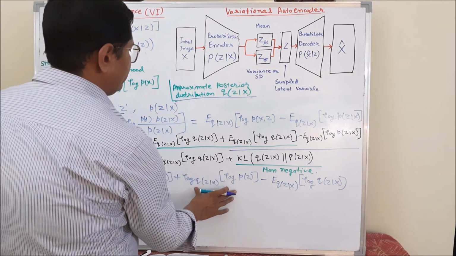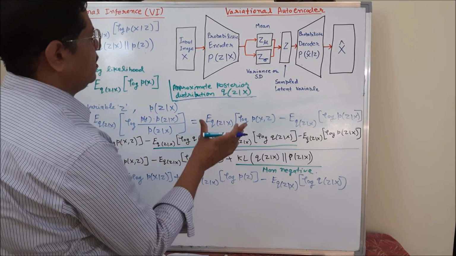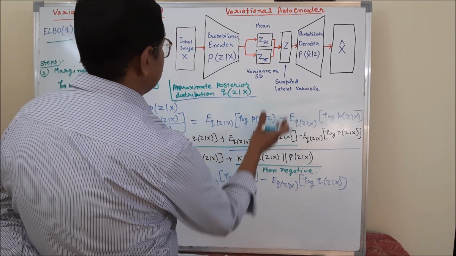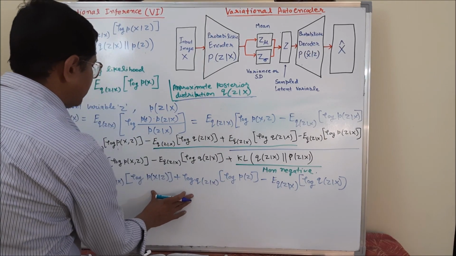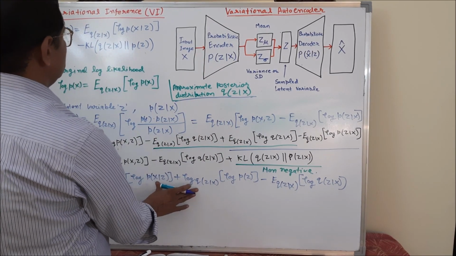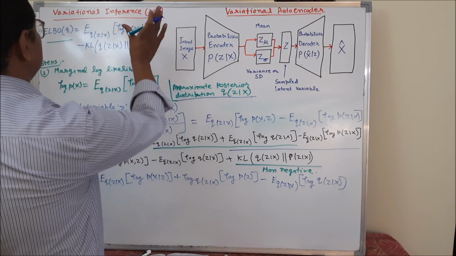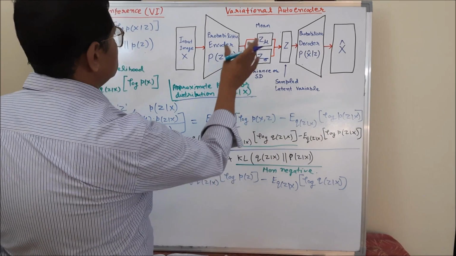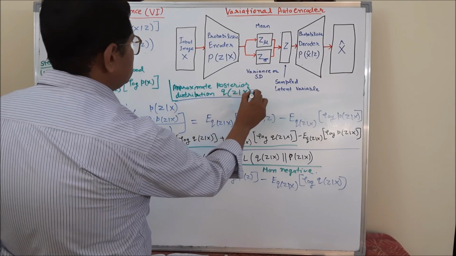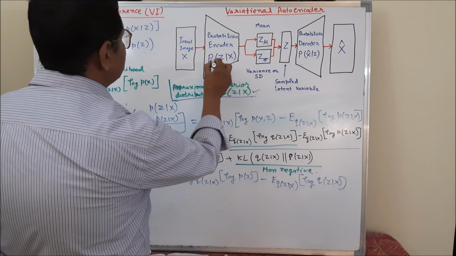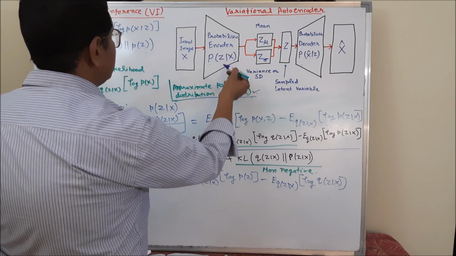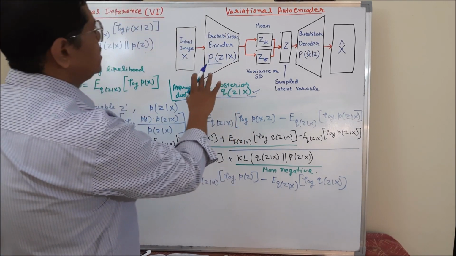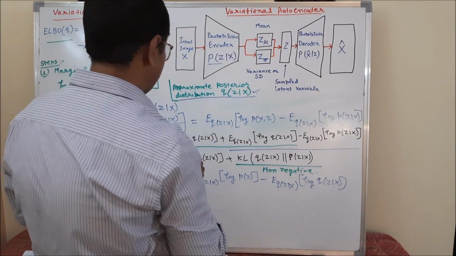When we use a gradient-based method to train this system, we generally try to maximize this lower bound, so that the approximate posterior reflects, or is very close to, the actual posterior distribution, and your variational autoencoder system will work.